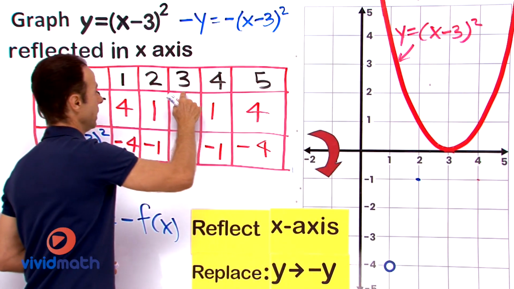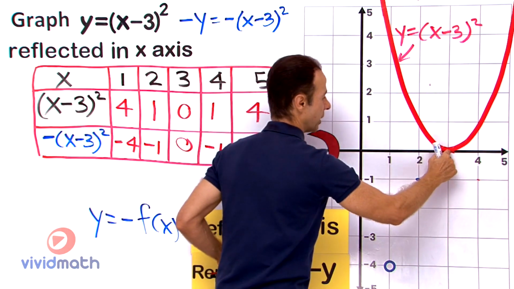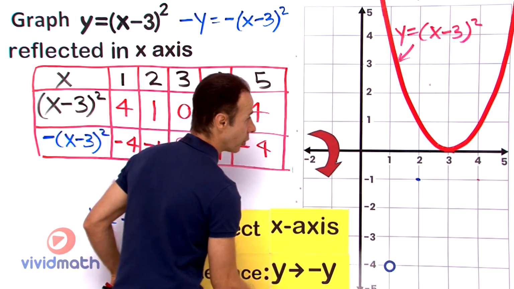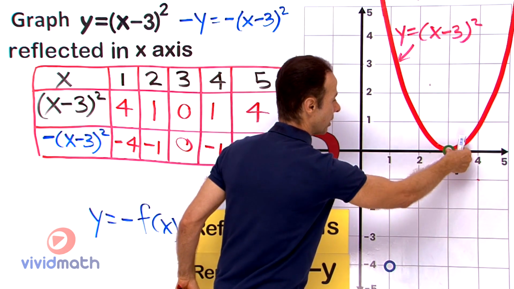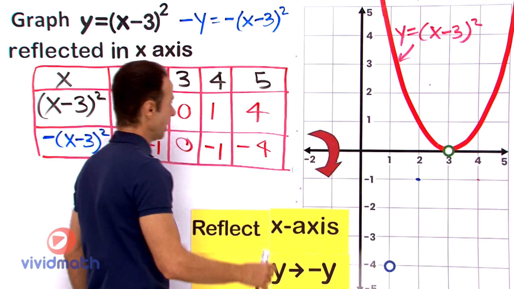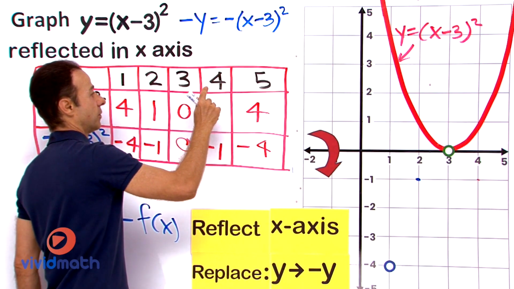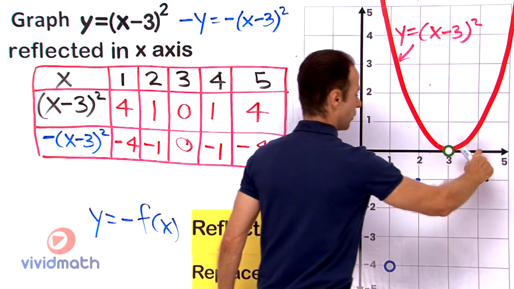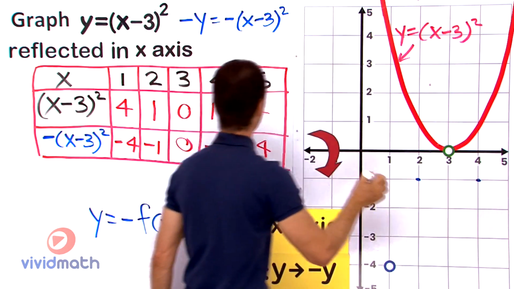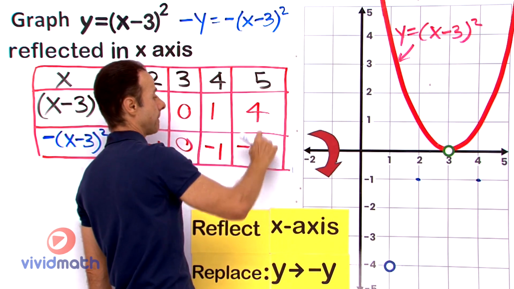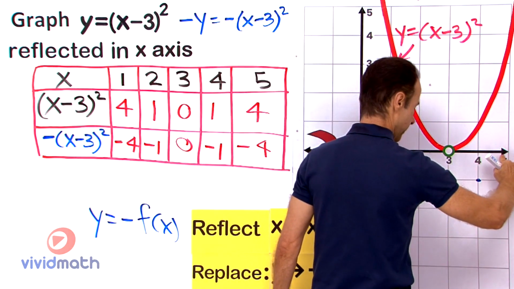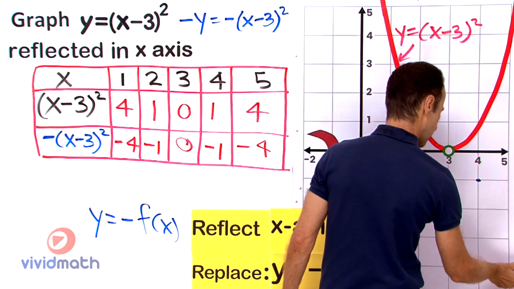We have 3 and 0. That's the point already here. So I'm just going to put a point there. That's already there. And then we're going to have 4, negative 1. 4, negative 1, that'll be there. And finally 5, negative 4. 5, negative 4, that'll be right there.